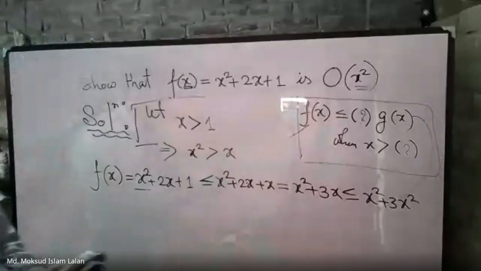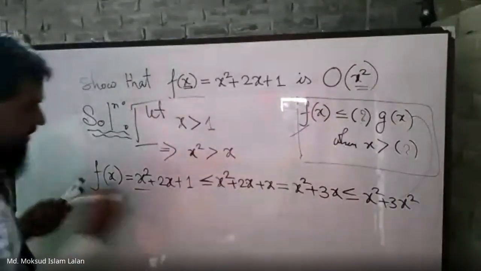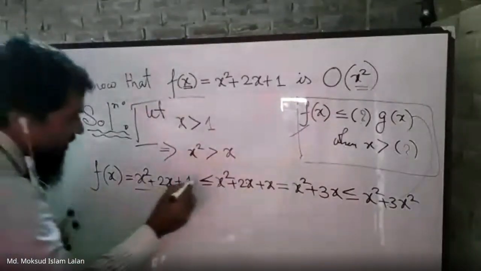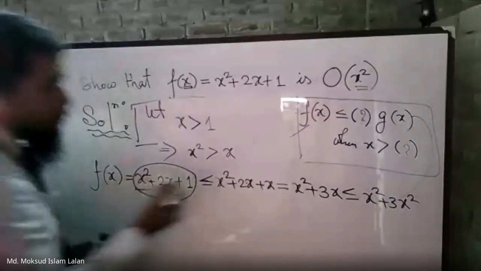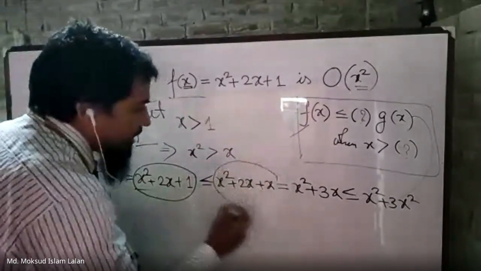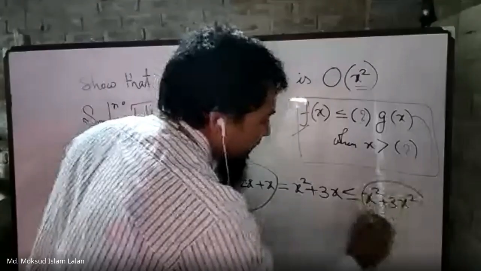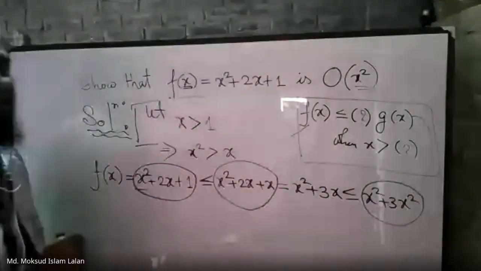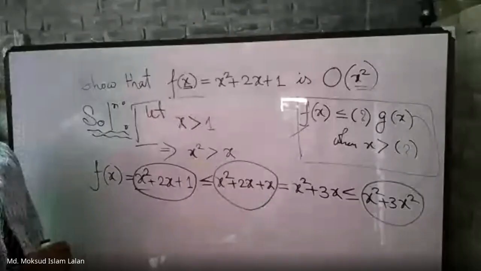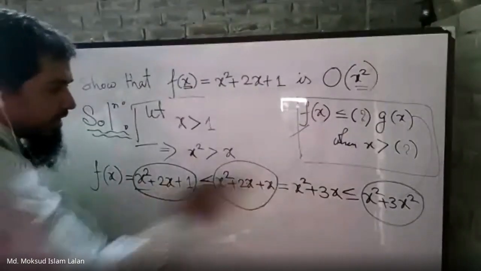So dear students, there are three parts here. This is our original part. We have edited this one, right? And again we got this line, right? So what is the relation of these three things?